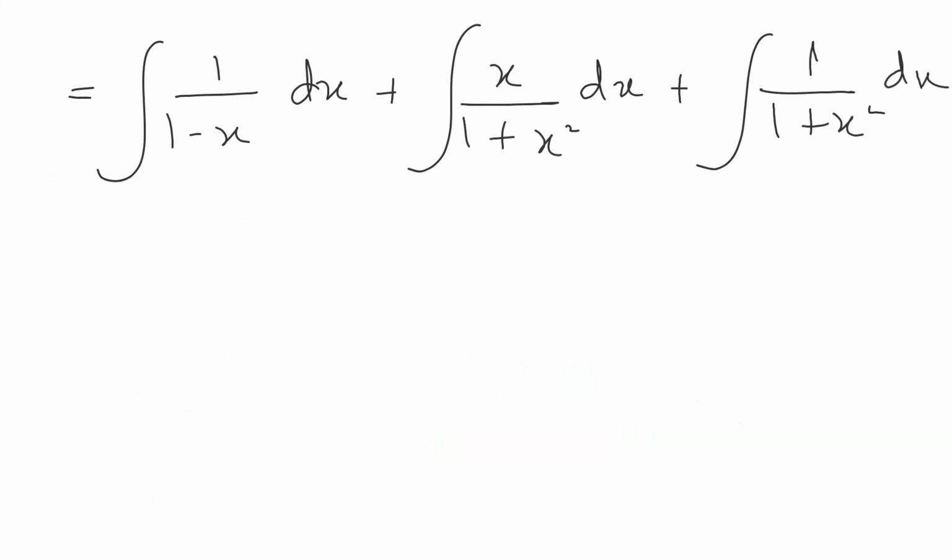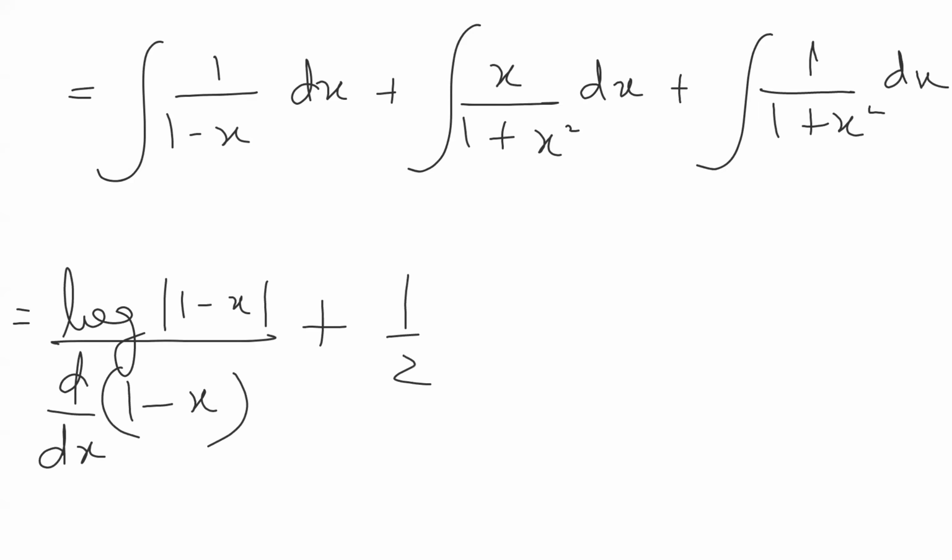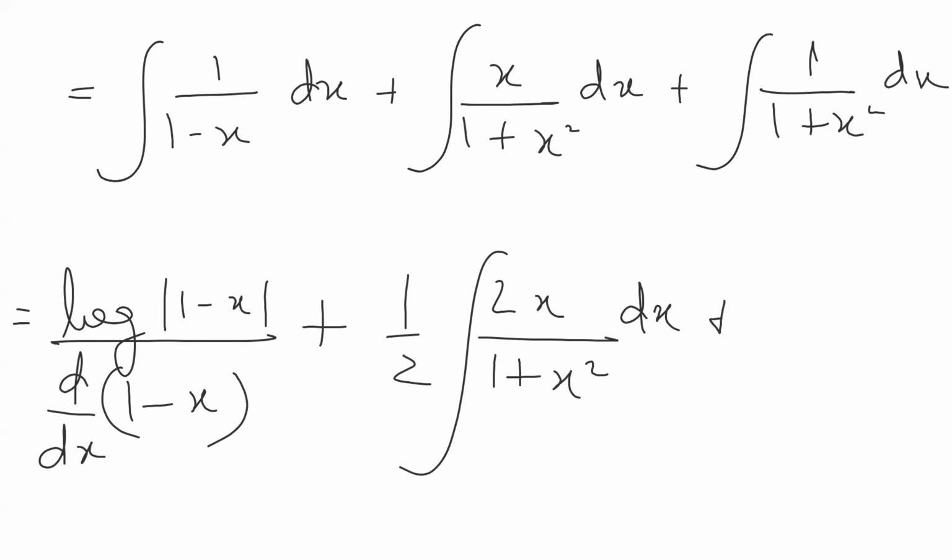Okay. Now this is an easy thing to solve, not very difficult. First thing will be log mod 1 minus x, because this is the 1 upon x formula, divided by the derivative of 1 minus x, plus I'll multiply and divide with 2, plus tan inverse x. The last thing is the formula for tan inverse x. The reason why I'm multiplying and dividing with 2 is because the derivative of 1 plus x square is 2x, out of which x is already present.